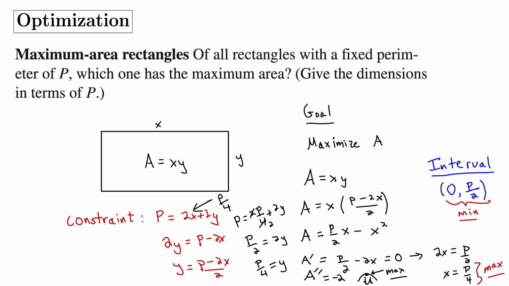Huh. So those are our dimensions. It's p over 4 by p over 4. And that's our final answer. P over 4 by p over 4. What kind of shape is that? It's a square. And that's the deep part that comes out of this kind of exercise.